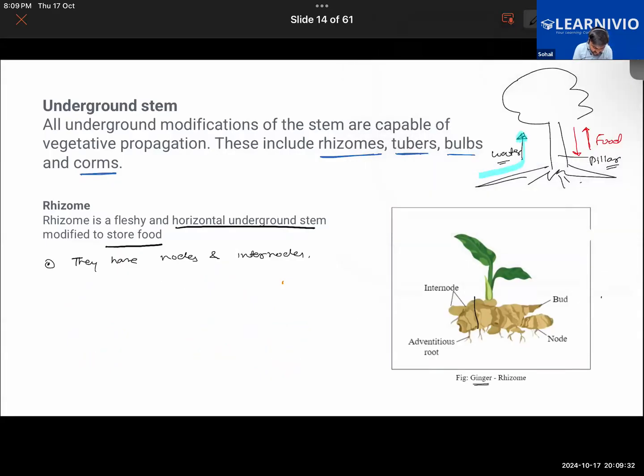I was saying about the nodes, that from nodes, new roots and shoots develop. New roots and shoots will be developing.